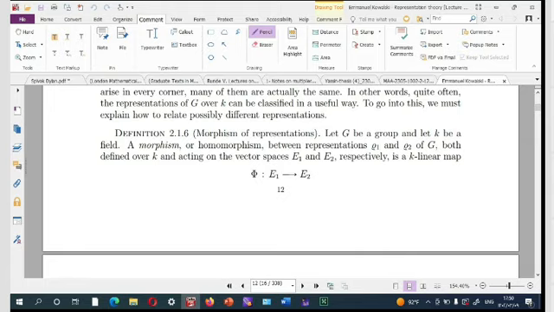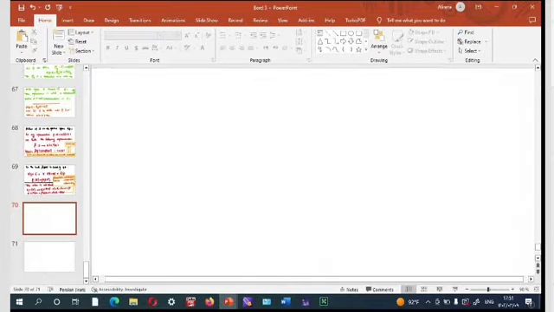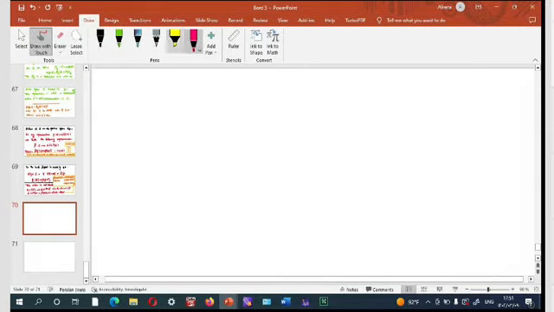A morphism or homomorphism between representations rho 1 and rho 2 on vector spaces E1 and E2, so you can note that rho 1, for example, is a representation from G to GL of E1, and rho 2 is a representation from G to GL of E2.